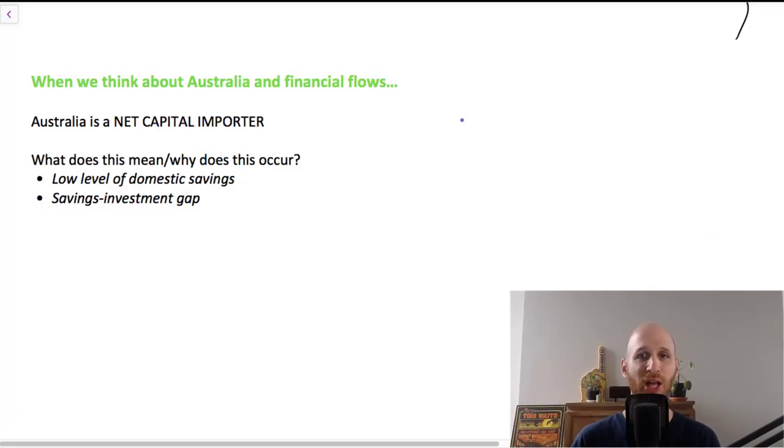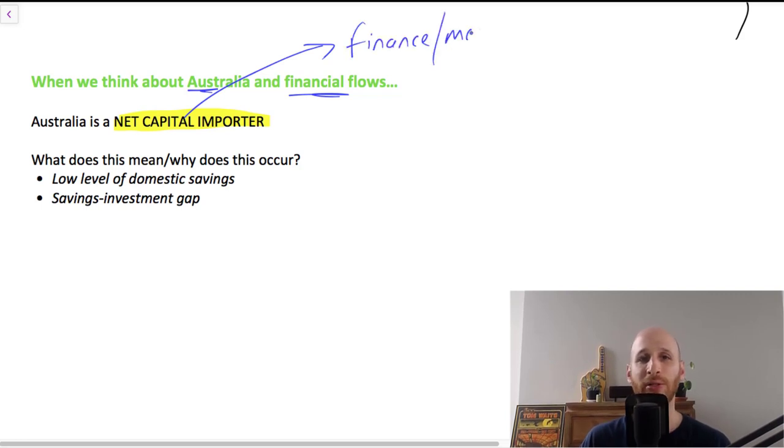We're going to apply this idea of financial flows particularly to Australia. And what we say about Australia is that Australia is what's known as a net capital importer. So in this context, when we talk about capital, we're talking about money. We're not talking about capital goods in this context. So let's unpack this term.